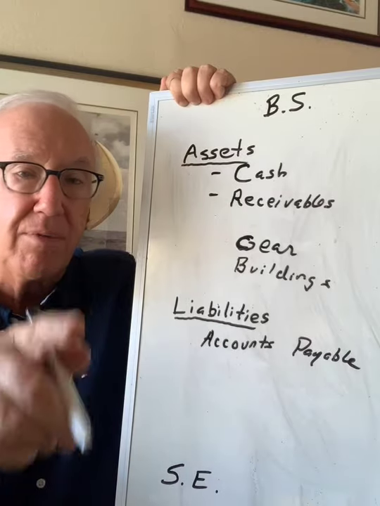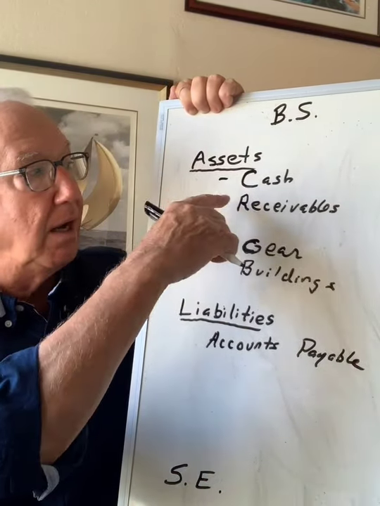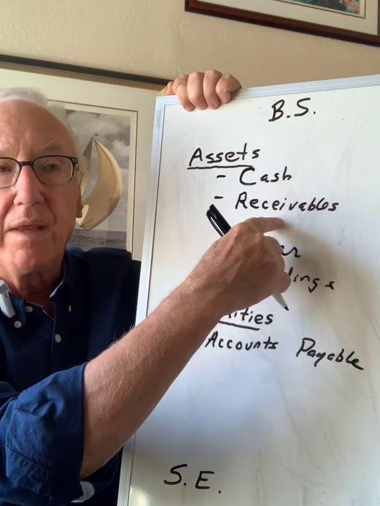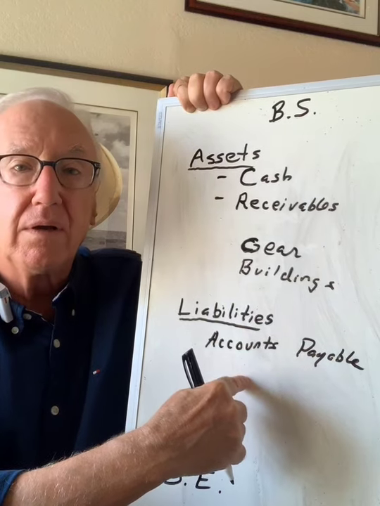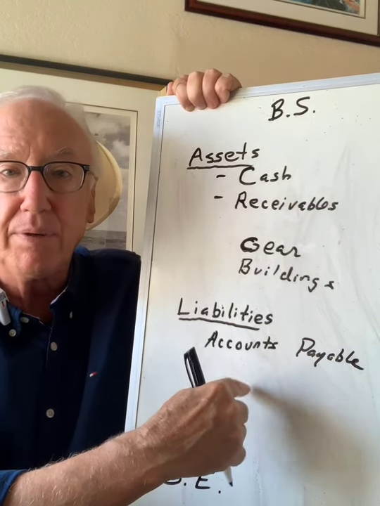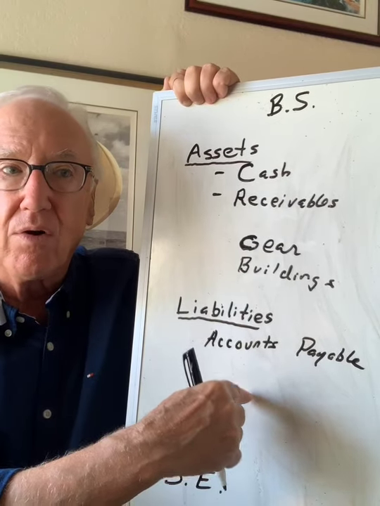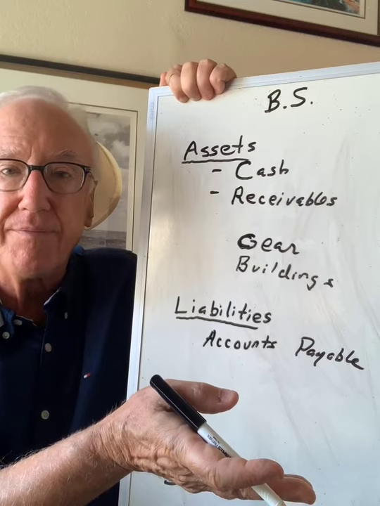Remember I said the balance sheet changes on a daily basis? Receivables: we billed $10,000 in receivables today. Oh, guess what? We got $5,000 in bills that we owe. All of a sudden, the balance sheet equation shifts, right?